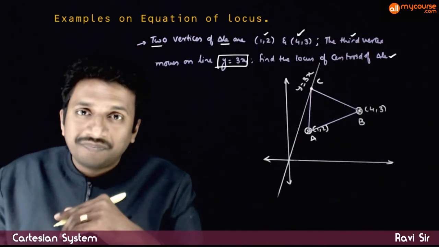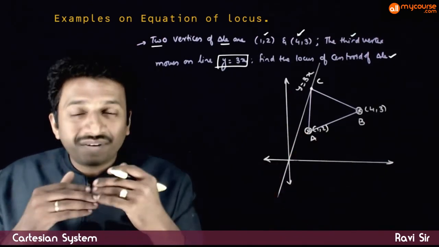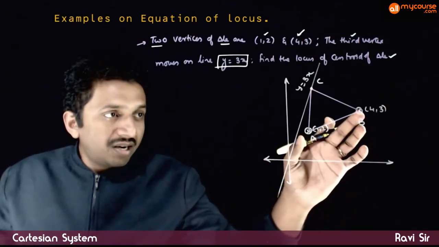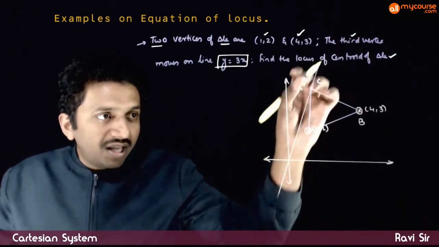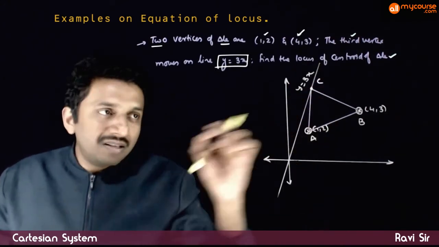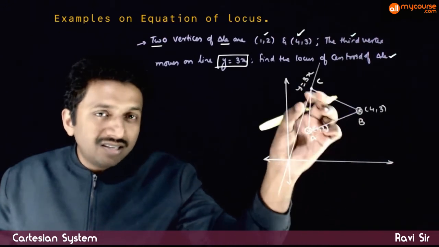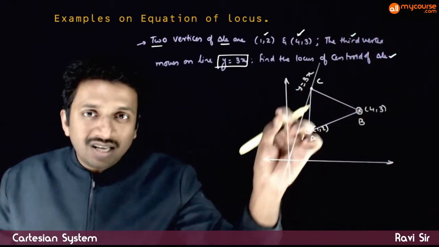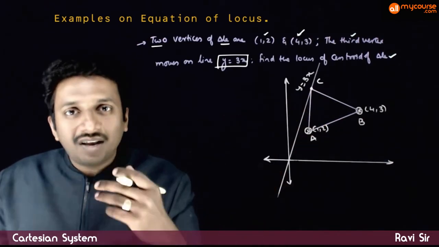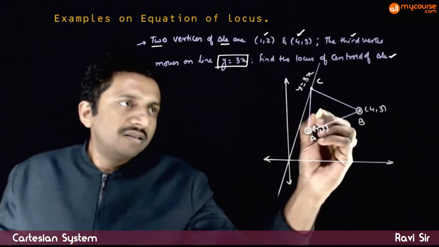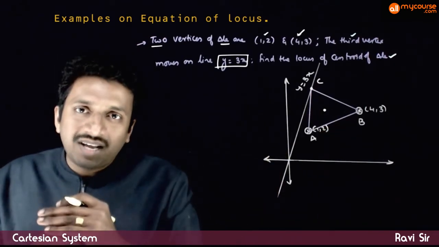That is the question. As you can see, you can think of this question as an animation. Two vertices of a triangle are fixed, and the third vertex is moving along this line. As this vertex moves along this line, the shape of the triangle is changing. As the shape of the triangle changes, the centroid of the triangle also changes, obviously. So what is the path along which the centroid changes?